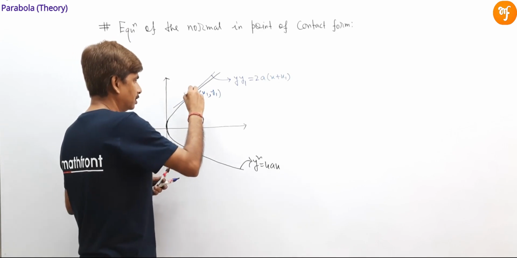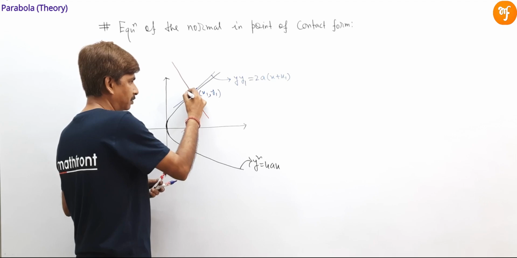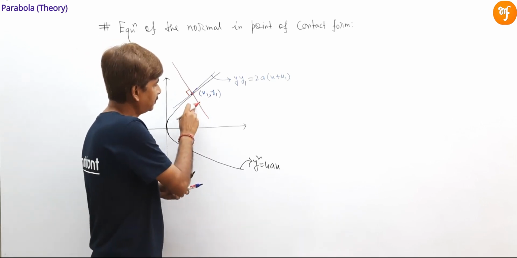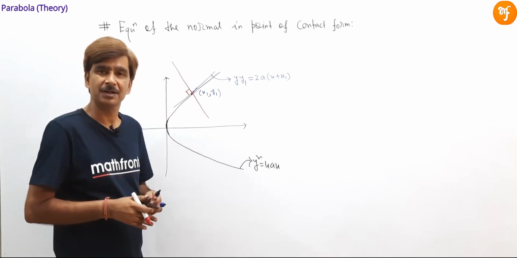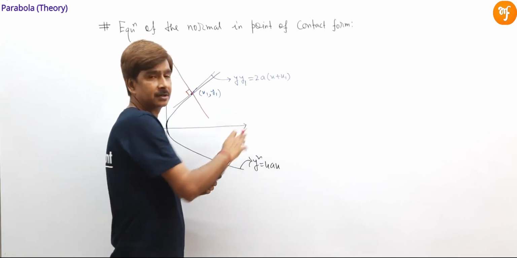Now let's draw a normal on this tangent at the point of contact. So drawing a normal, and we know normal is perpendicular to the tangent. So we have to find the equation of this normal. Now look, what is the slope of this tangent?